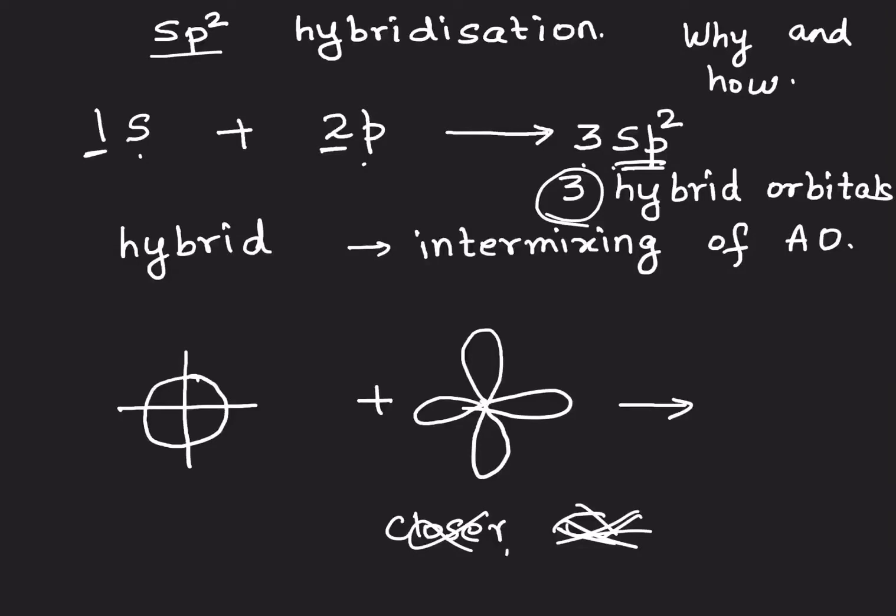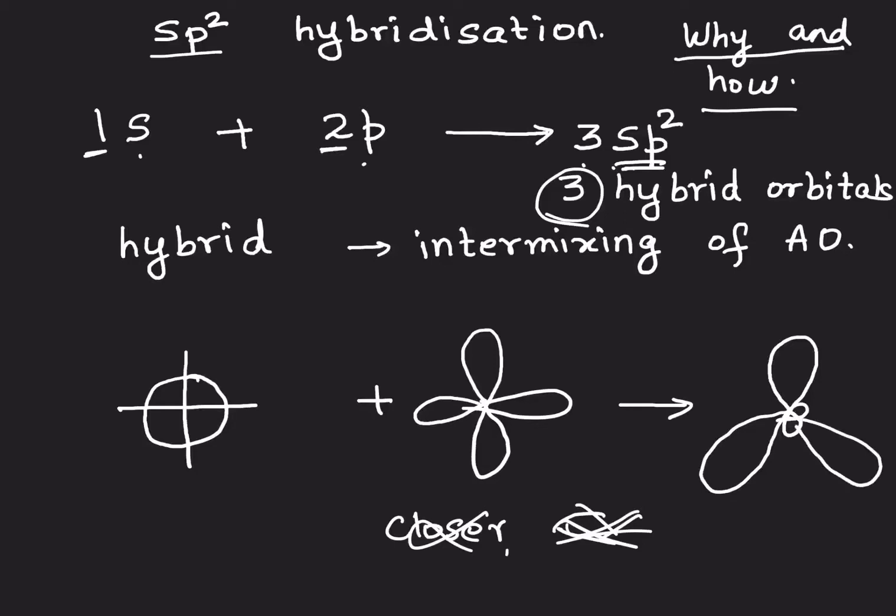So let us draw these hybrid orbitals again. Now we already did in the first video that the shape of the hybrid orbital will now be different. If you have doubt regarding this concept, please watch the video on why and how of hybridization.